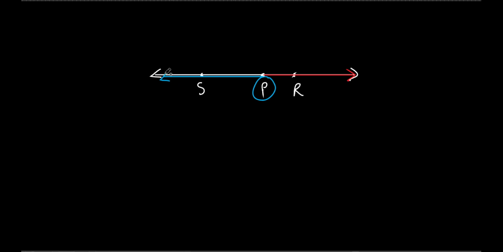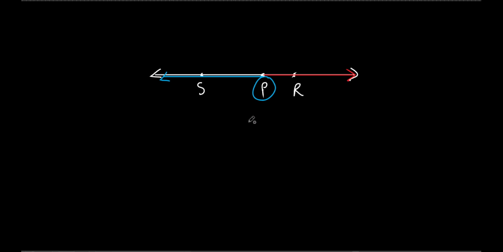I don't want to spend much time on that. Every once in a while they might say something about this is between. You probably already knew what that meant anyway, all right? This is pretty important. Look at PR and PS. See how they're going completely opposite directions, right? And those two rays form a line, don't they? You see it? So this red ray and the blue ray form a straight line.